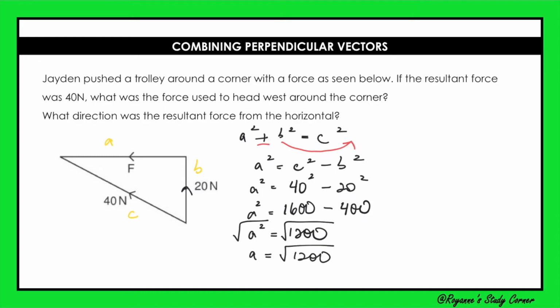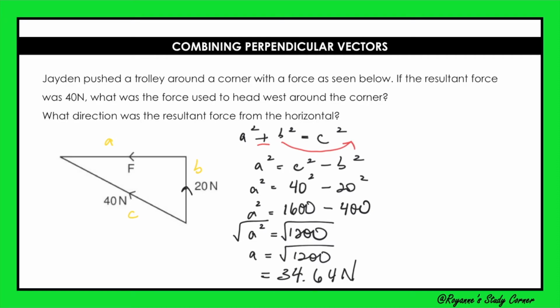Now if I plug that into my calculator, I get the root of 1200 gives me 34.64. So that means 34.64 newtons.